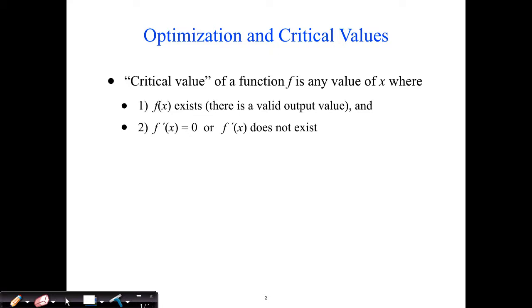But those turnaround spots, or just flat spots in general, you can locate by determining where the derivative is 0. Or sometimes we have slightly less neat functions, not all nice, smooth, curved functions, but sometimes we have a derivative that doesn't exist. That could indicate a highest point or a lowest point or a point of interest because we come to a peak or a corner.